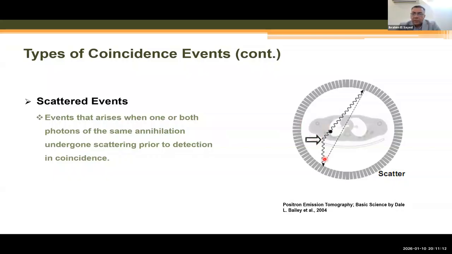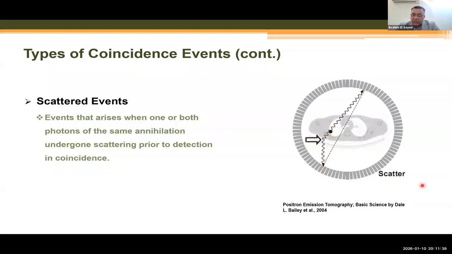The scattered photon is still detected because we have an energy window. The detector records it as if it came from the expected direction. So the main problem here is that the scattered event mislocalizes the annihilation, giving another line of response that is away from the original annihilation.